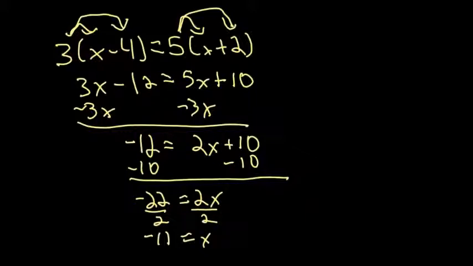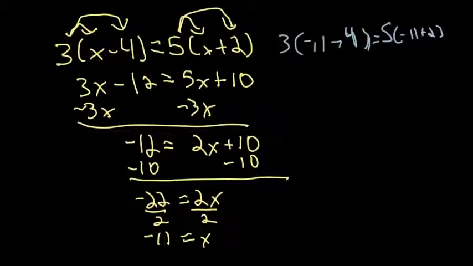So I can check that by putting it back into my original equation. So I got 3 times negative 11 minus 4 equals 5 times negative 11 plus 2. So start with my parentheses.